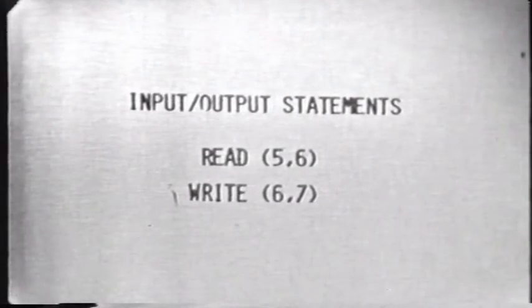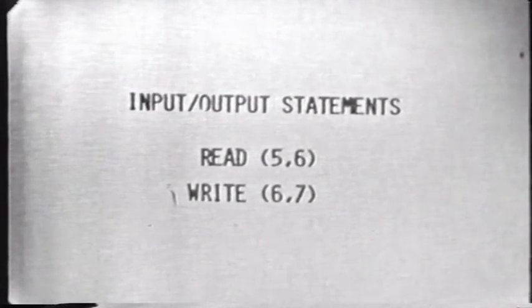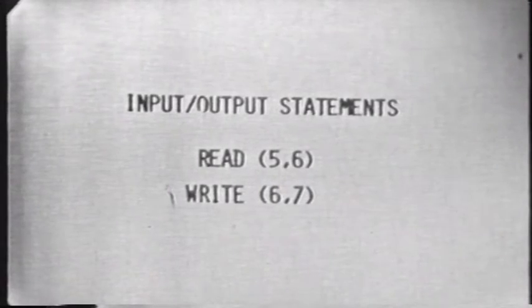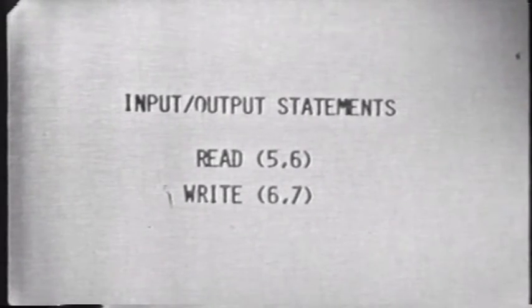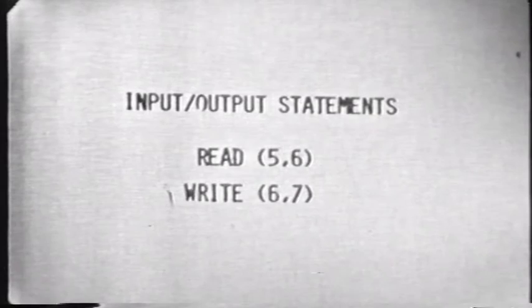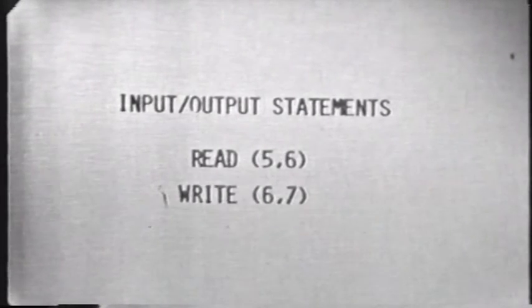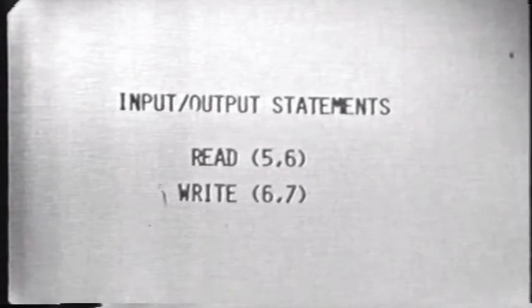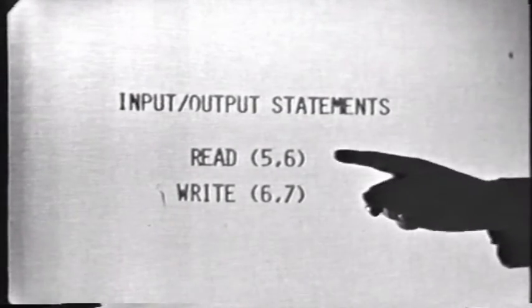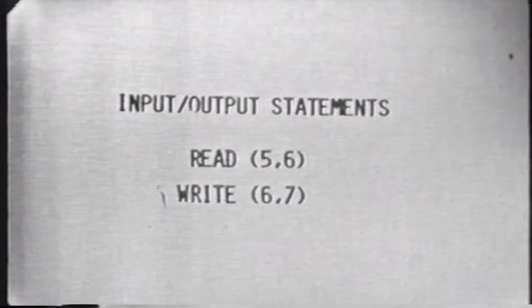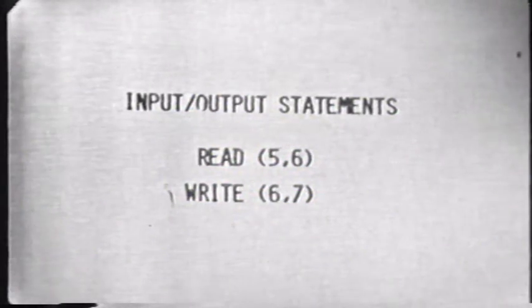It might mean you're going to read from a tape. But it does mean the device you're going to read from. The number 6 refers to a picture of the information that sits on the device you're going to read from. We say that's a reference to a format statement. The format statement will tell us what the information looks like.